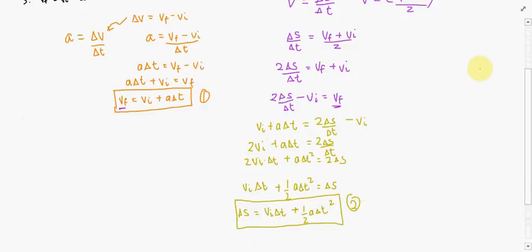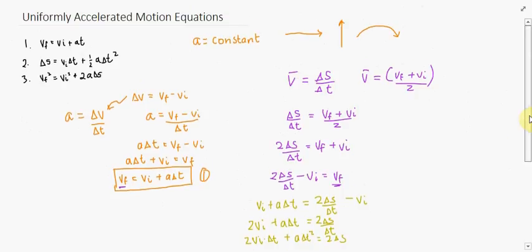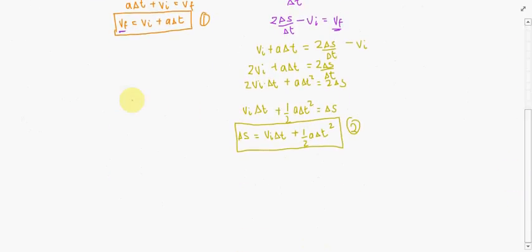I'll add a little step that you might see in some books. Remember that delta s is just simply the final position minus the initial position. So I could rewrite this equation in a slightly different format, where I'll have the final position minus the initial position is equal to vi delta t plus 1/2 a delta t squared.